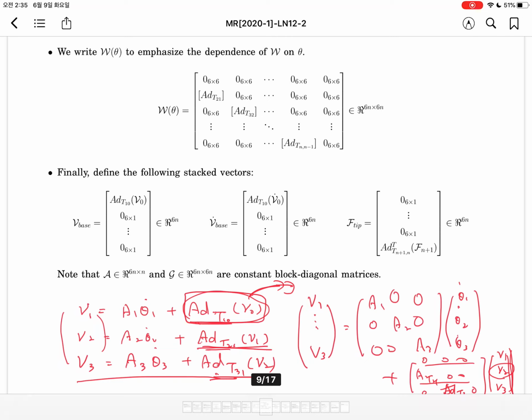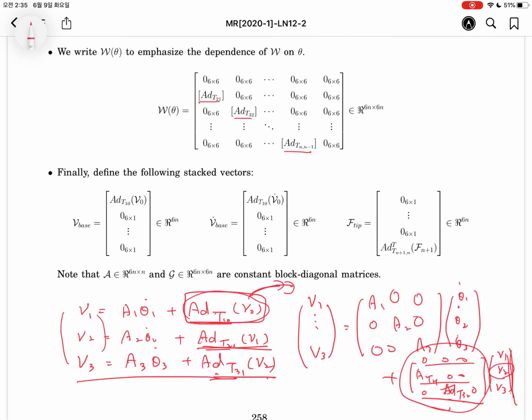The W. In order to implement this part, the previous link will be described in terms of the subsequent frame. So this matrix will be required. The diagonal is a 0 matrix, but the lower off-diagonal will have the adjoint map, to implement this equation.